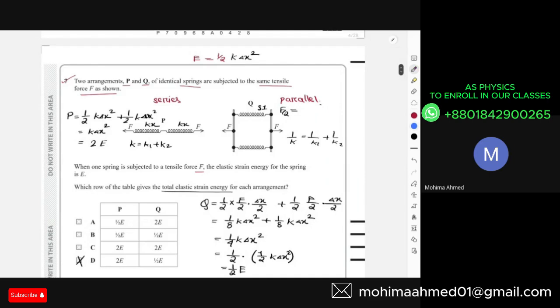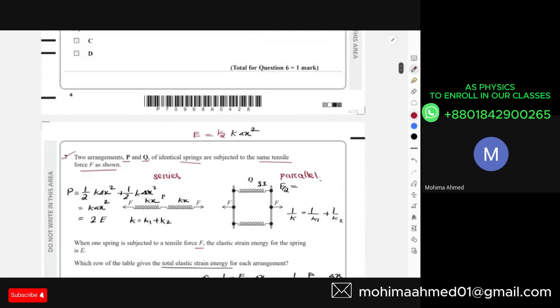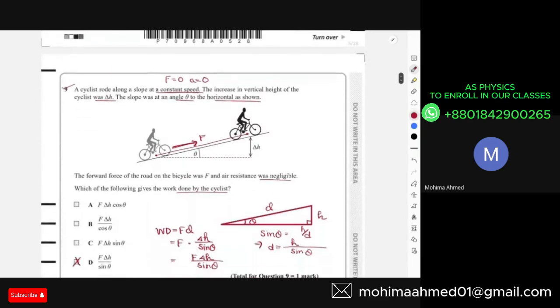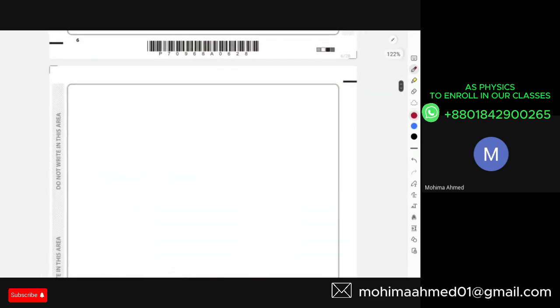Okay, in this case, if I draw this working again on a separate page. In series connection, we have two springs. This is your spring 1, and then on this we have another spring, right? So this was your series connection because the same force acts onto both the springs.